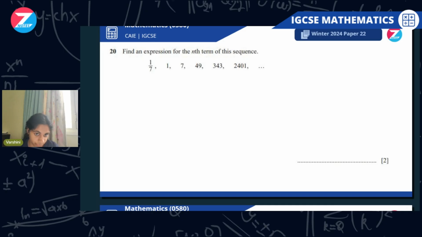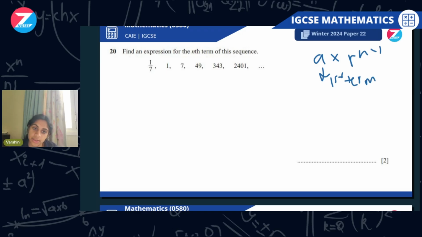We also know that the nth term for a geometric sequence is going to be a into r to the power n minus 1, where a is the first term.